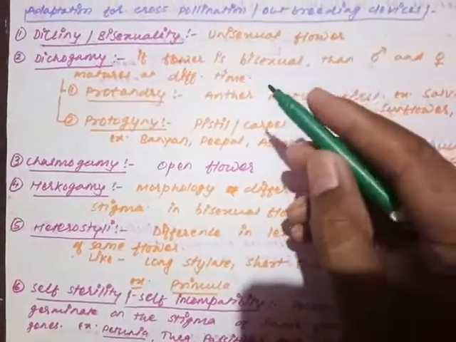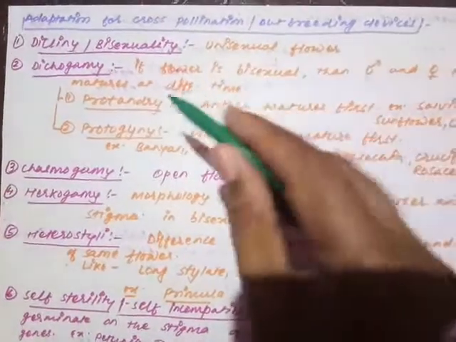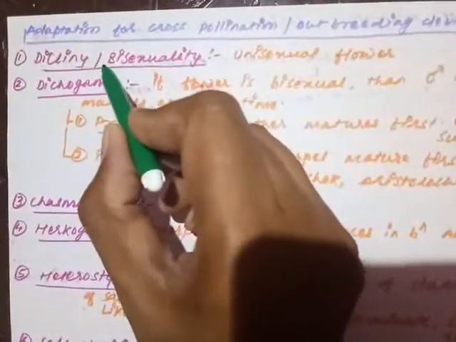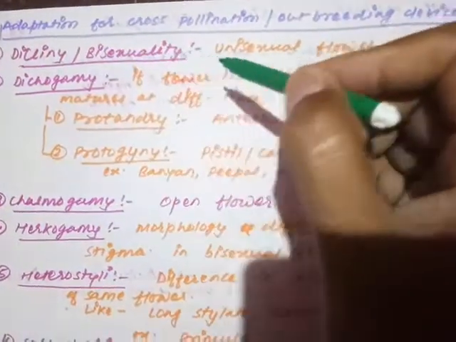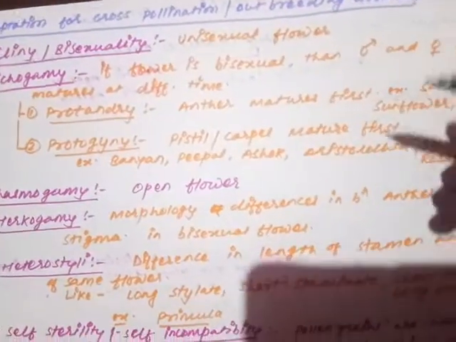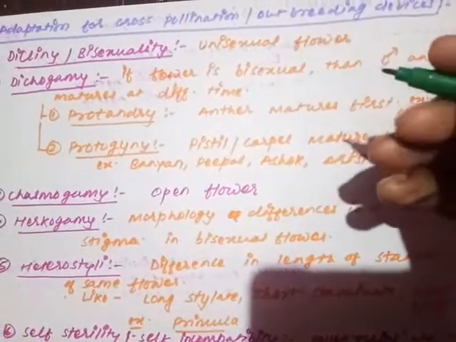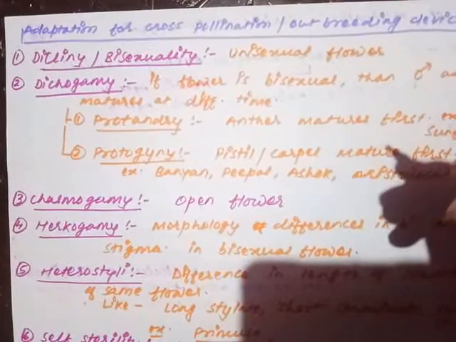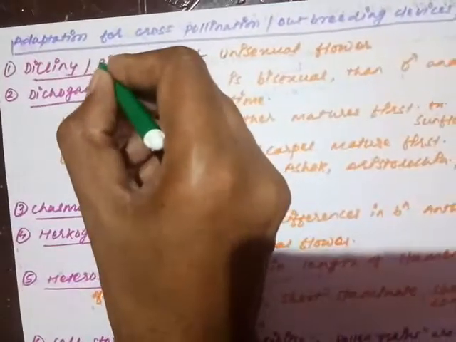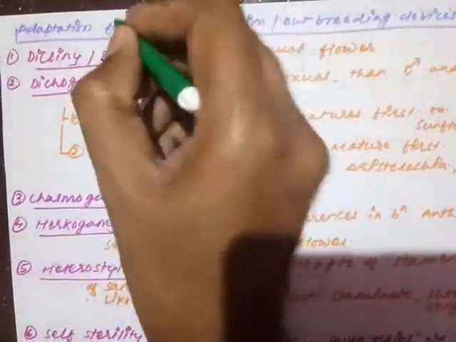Like that, the first one was monocliny. Now I am saying the first one is dicliny. Dicliny is unisexuality, and before it was bisexuality.